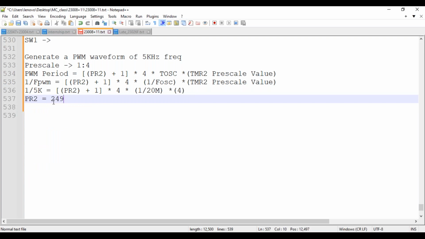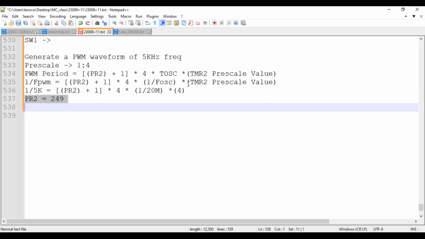So you have to get a value which ranges from 0 to 255, because PR2 can be written with the value 0 to 255 only. Now, if you get something more here, then you have to make adjustments in the prescalar value.